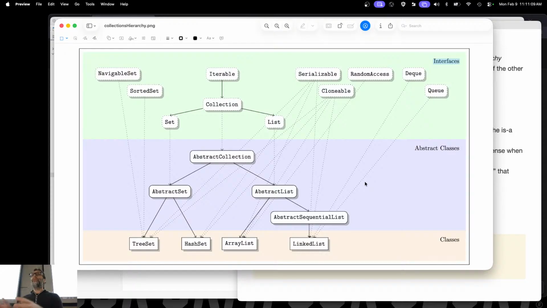What would have happened 25, 30 years ago if they did not have a well thought out hierarchy like this? They just did a hodgepodge, oh, we'll put that there, put that there. In the intervening 30 years, we would have been fighting that design. Because if they went back and changed it, that would have been backwards breaking, like 30 years of code is now broken, right?